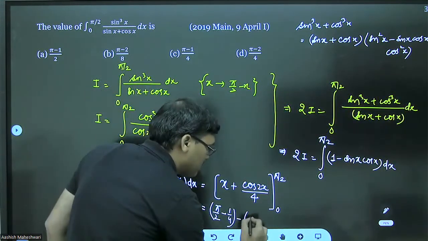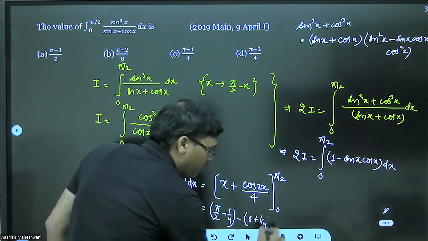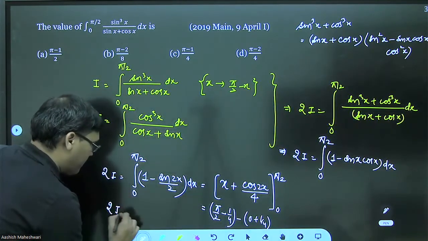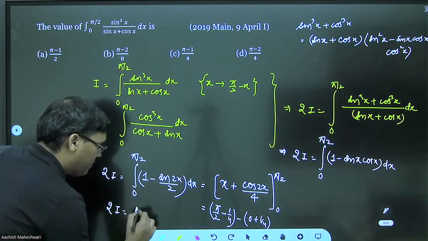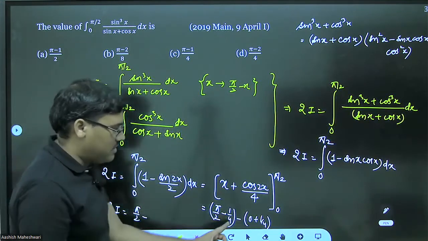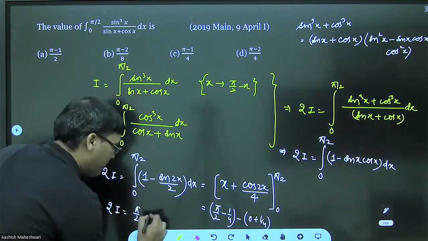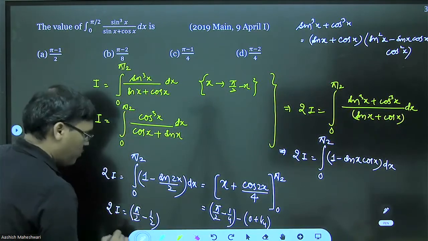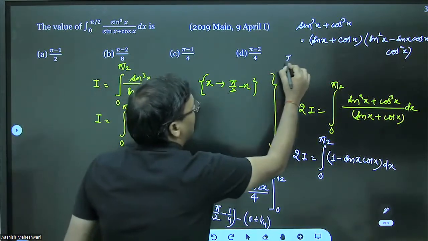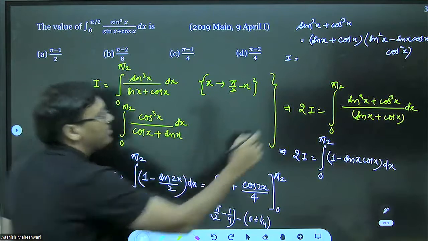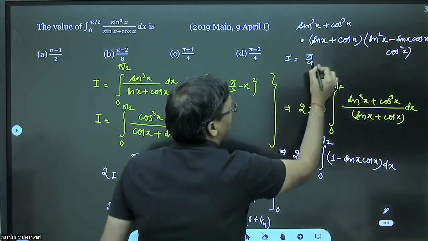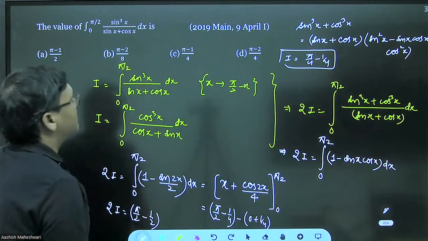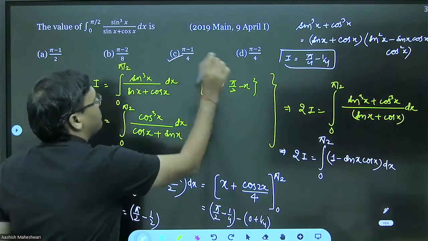So this is 0 plus 1 by 4. So 2I is equal to pi by 2 minus 1 by 4 minus 1 by 4, and that becomes pi by 2 minus 1 by 2. So what is the integral I? Dividing by 2, I is equal to pi by 4 minus 1 by 4. So what is the answer? This is pi by 4 minus 1 by 4. Option C is the answer.